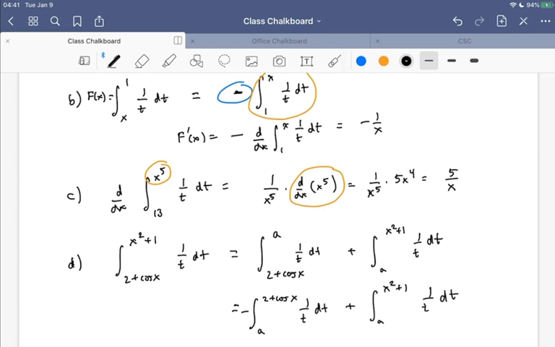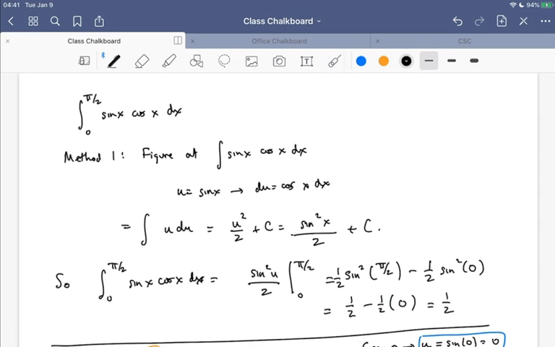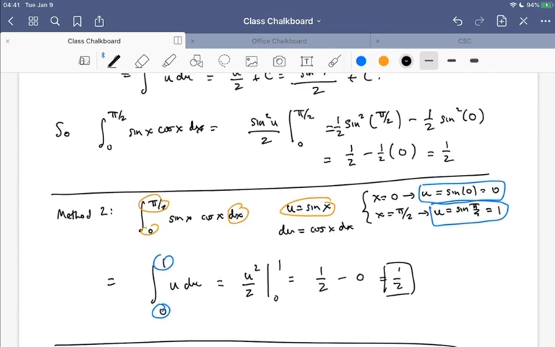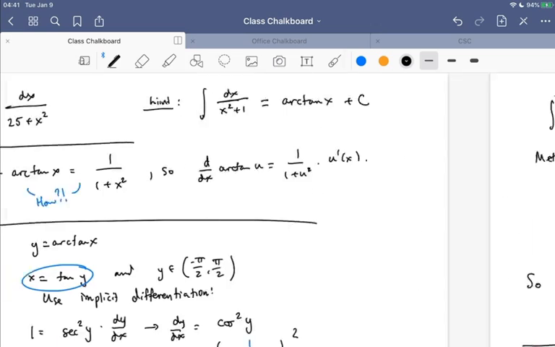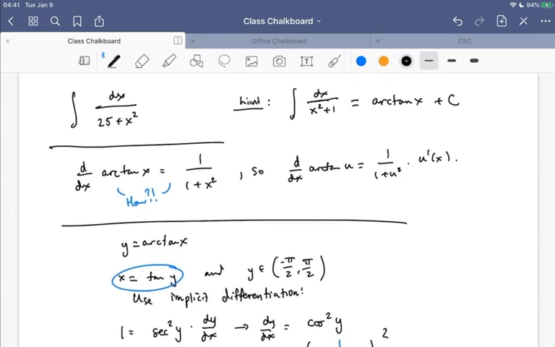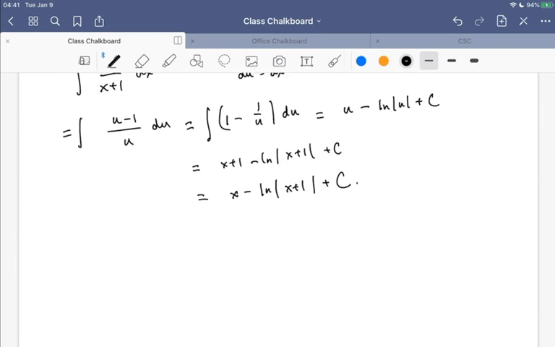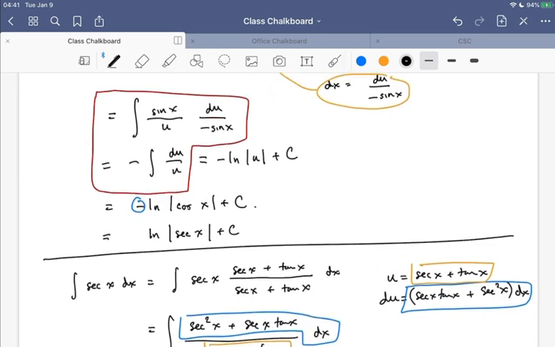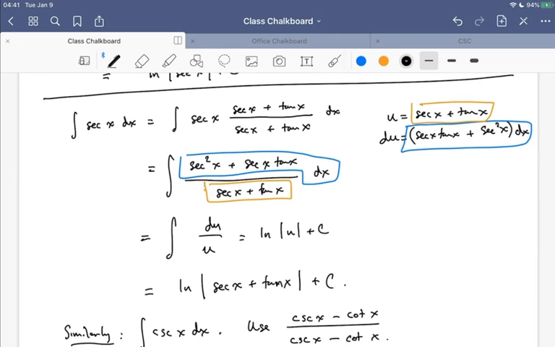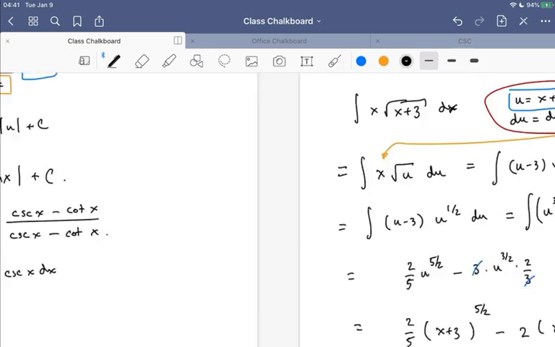Oh, you know what? I seem to remember there was something that I asked you guys to do for today that I said we would talk about first thing. What was it? Oh, that's right. It was the integral of cotangent and the integral of cosecant squared. Sorry, I completely forgot about that.